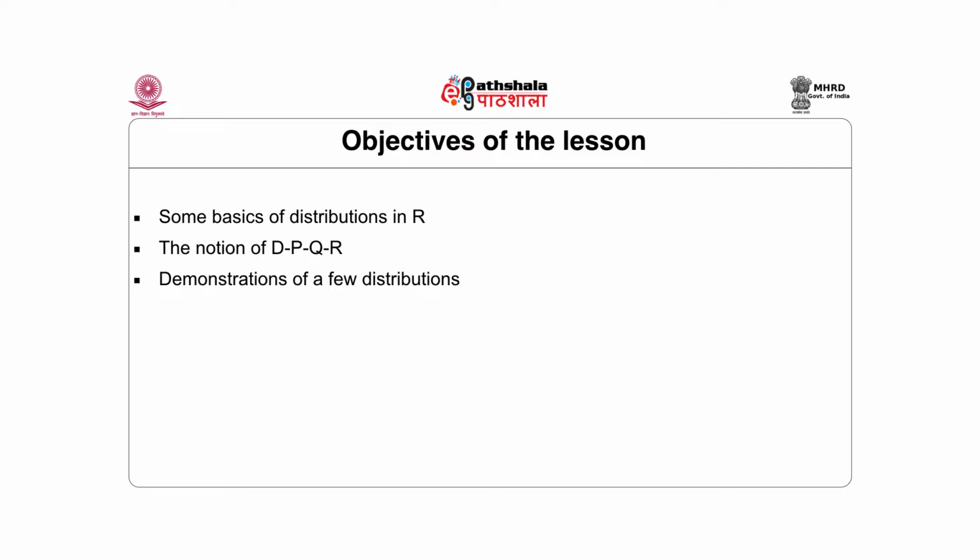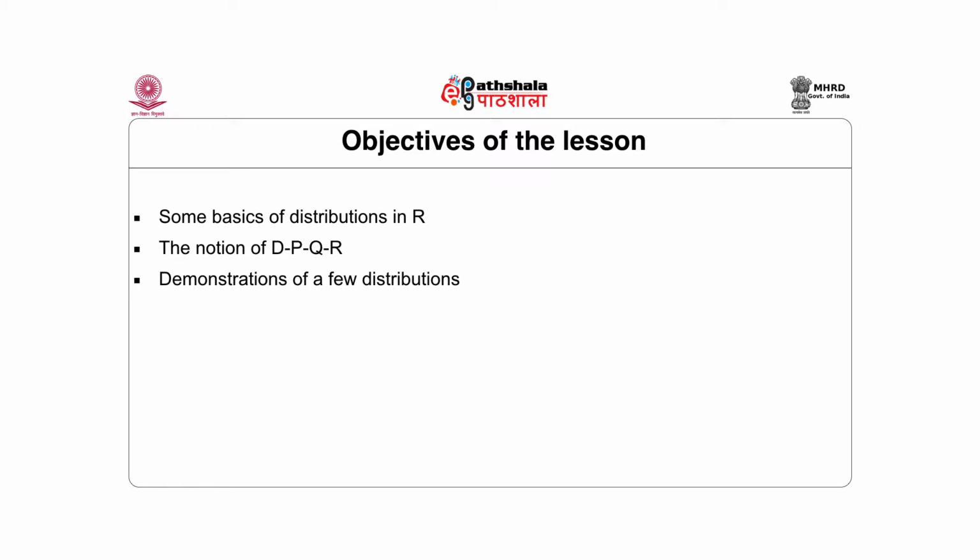These prefixes are D, P, Q, and R. What do these mean? The reason it is a good idea to know about these prefixes is because when you use them with the postfixes, and postfixes are the names of distribution functions which are abbreviated, they can be very powerful.